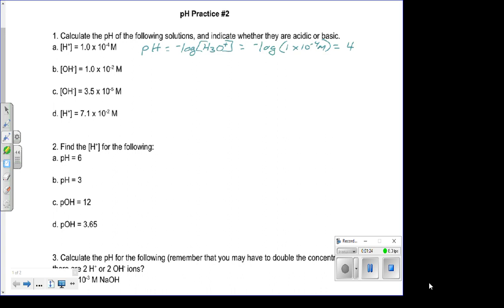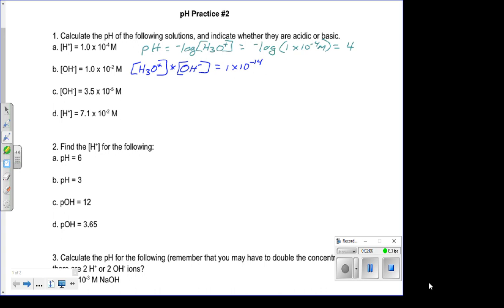For letter B, they're giving us the OH concentration, which we could use to get the pOH, but we can't use it to get the pH. So again, there's a couple ways we can go about this. I'll do letter B one way and then letter C the other way, just for fun. So again, the H3O concentration times the OH concentration always equals 1 times 10 to the negative 14th.